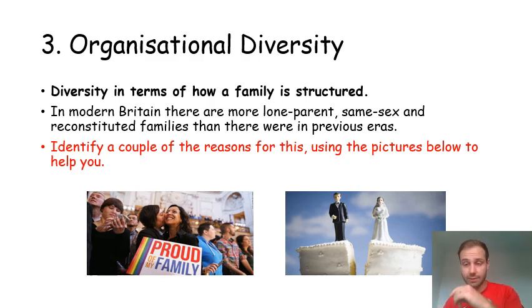And I would like you to have a look at these pictures, and identify why there are more lone parent families, more same-sex families, and more reconstituted families than there have been in previous eras. These pictures should give you some pretty clear answers as to why that is the case. So that's number 3, that's organizational diversity. Once you've done that, you can move on to number 4.